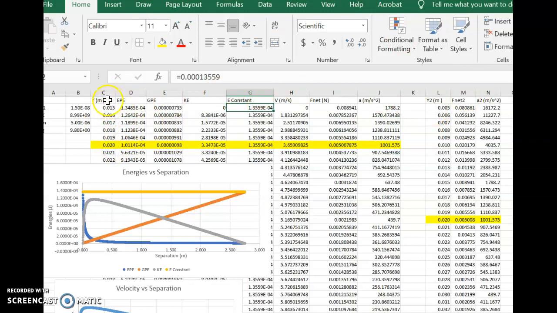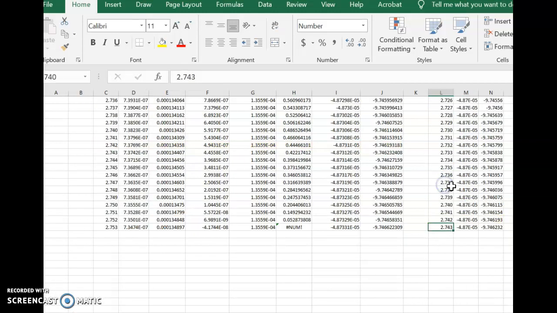For example, when y equals 0.02 meters, even if we started at 0.015 meters, and here we started at 0.005 meters, if you continue the change in energy carrying through the F-net and finding the acceleration, it is the same once it catches up to this point.